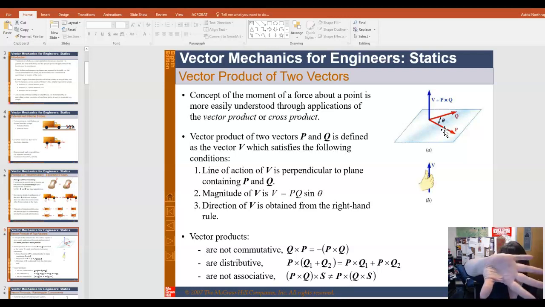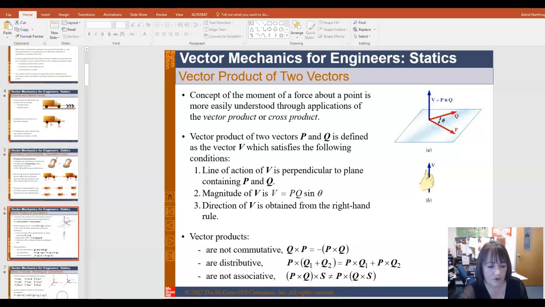If it were down, in other words, Q folded into P, would be negative, which gives us our first fact about vector products, which are also called cross products: they are not commutative. Q crossed with P is in fact equal to negative P crossed with Q. Also not distributive and not associative. So they're very specific in terms of how the vector math works.